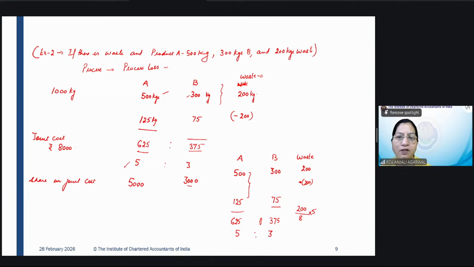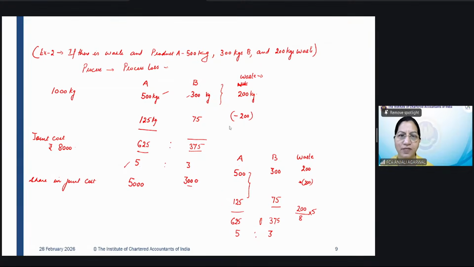Now, if you will charge the total 1000 kgs raw material amongst A, B, and waste, waste does not have the capacity to bear any cost. The cost of normal waste is to be ultimately borne by good units. So the 200 kgs we will again allocate to product A and B in some ratio.